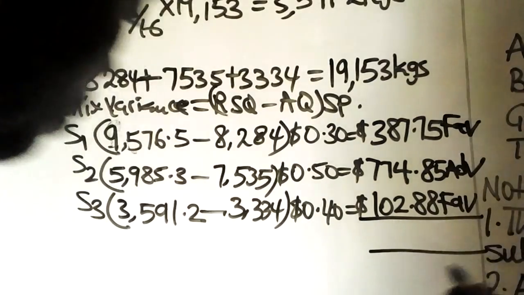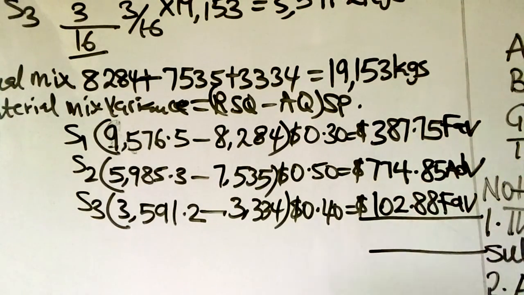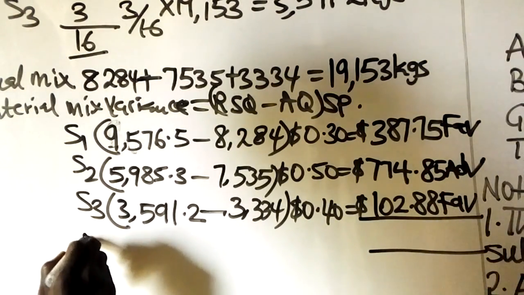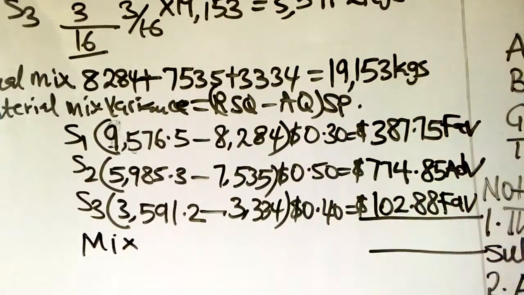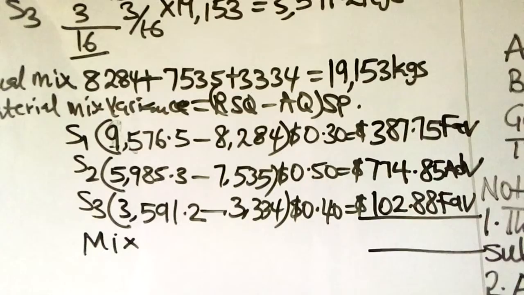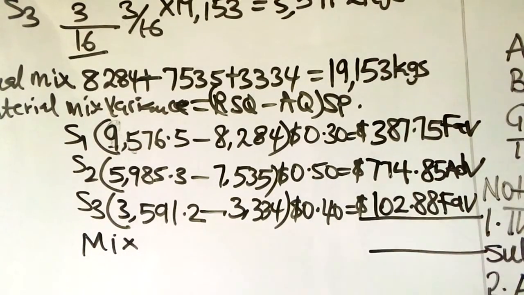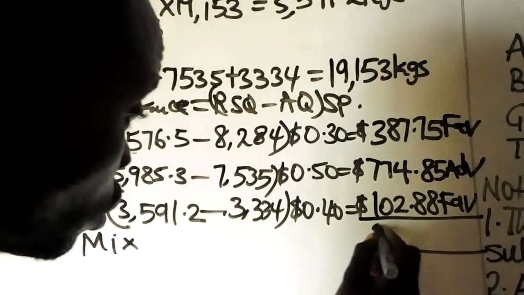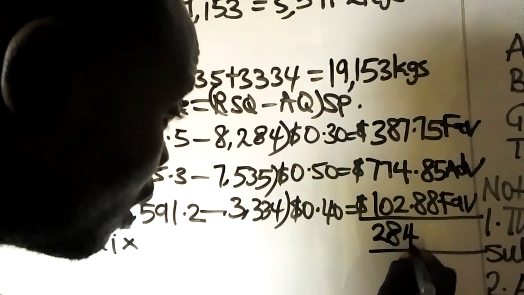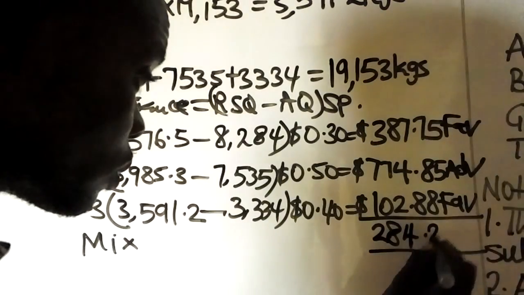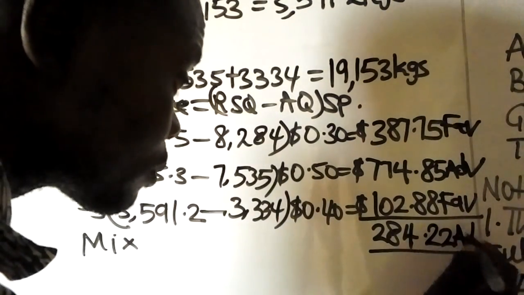So when you sum it up, so material mix variance now. The total, this and this are favorable, and this is the only adverse. When you sum it up, you have 284.22 adverse.